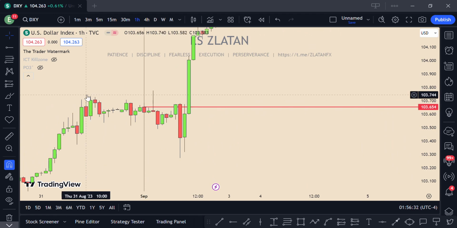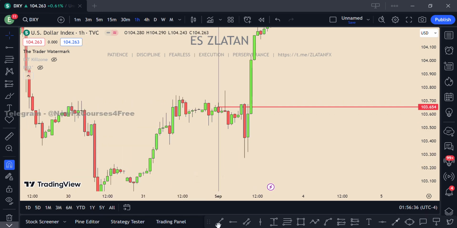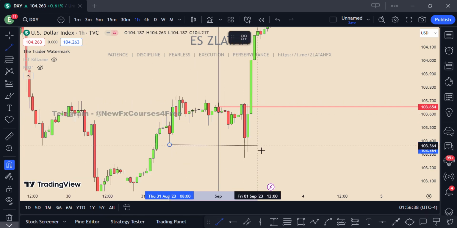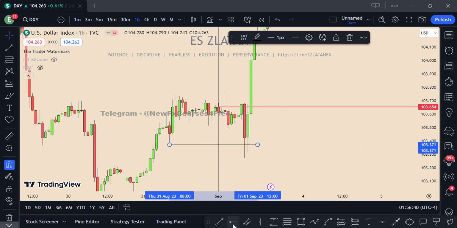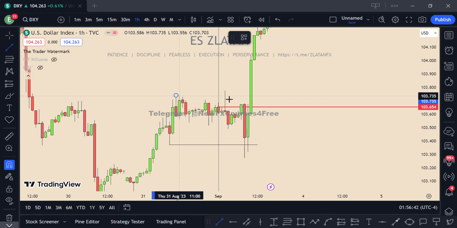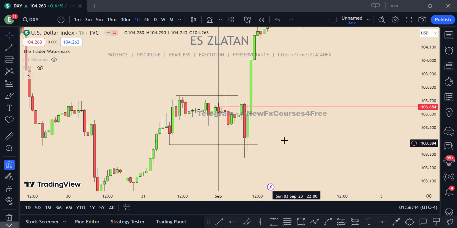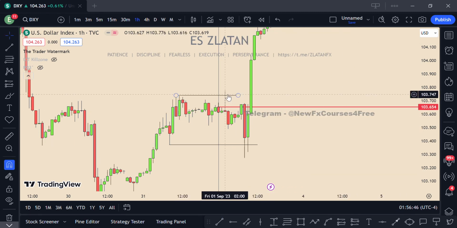We had a previous day low right here, and I have a previous day high right here. The market took out that high, rejected back into the range, right? It's normal to see this kind of stuff on an NFP day, right?